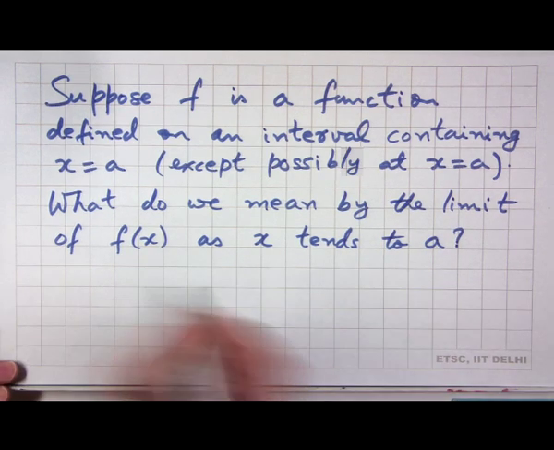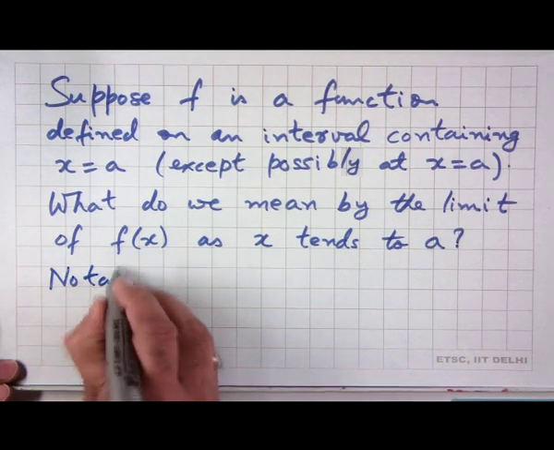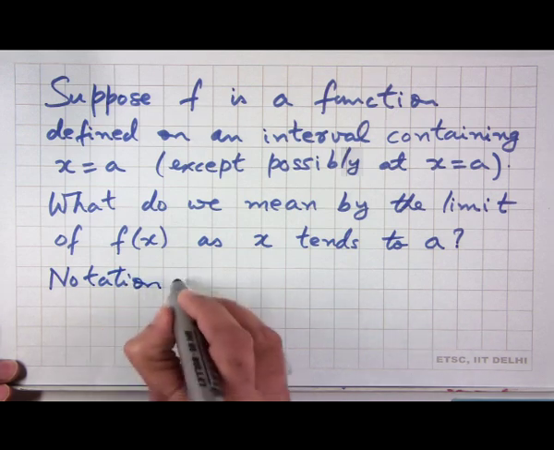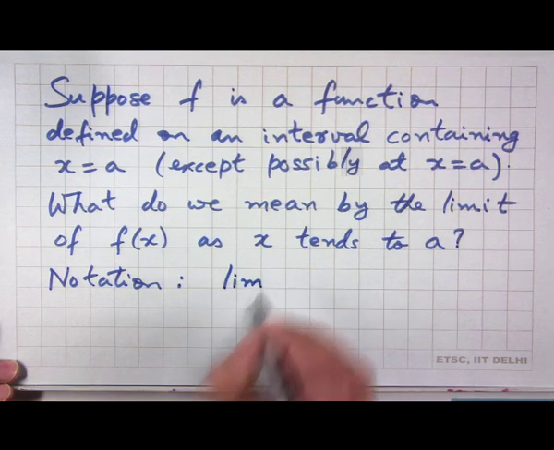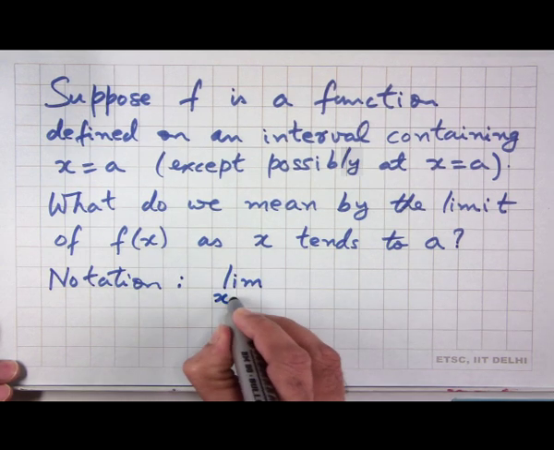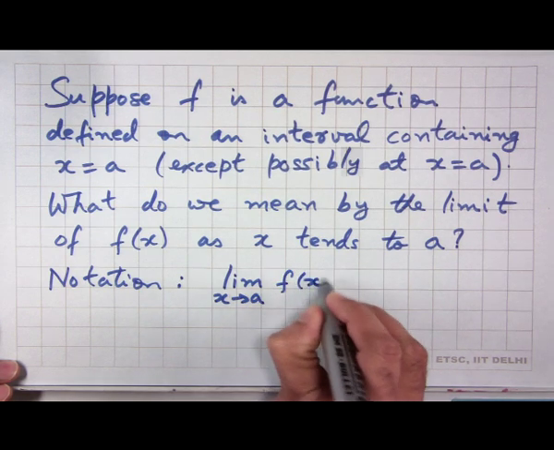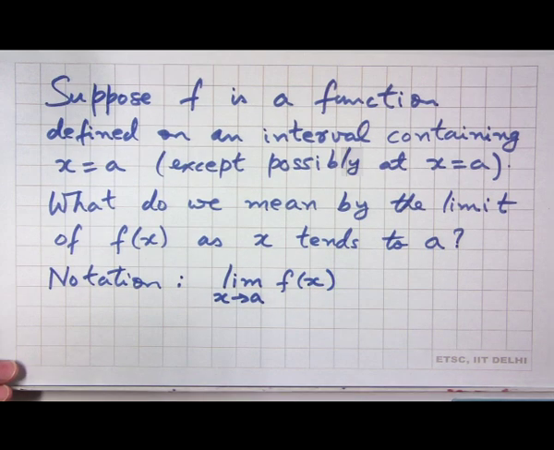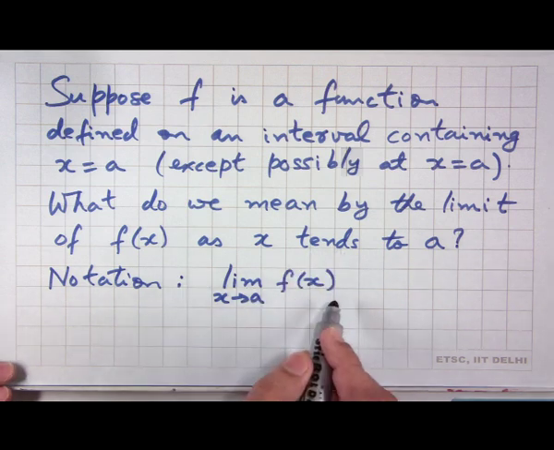The notation we will use for the limit is lim as x tends to a of the function f of x. This denotes the limit of f of x as x tends to a.